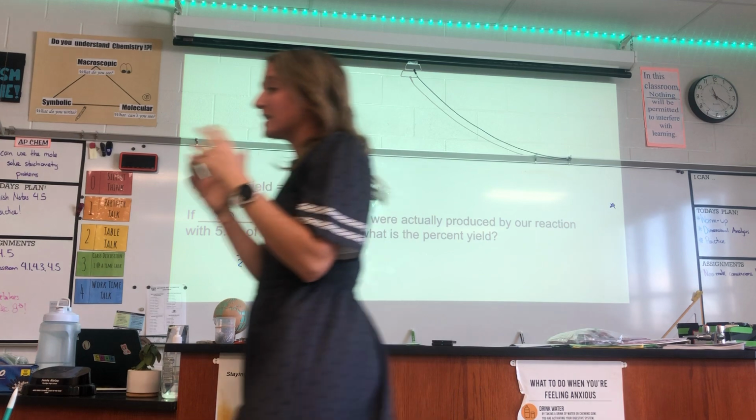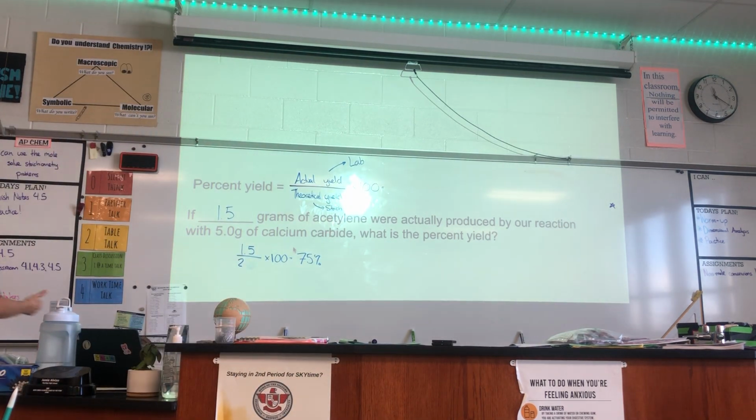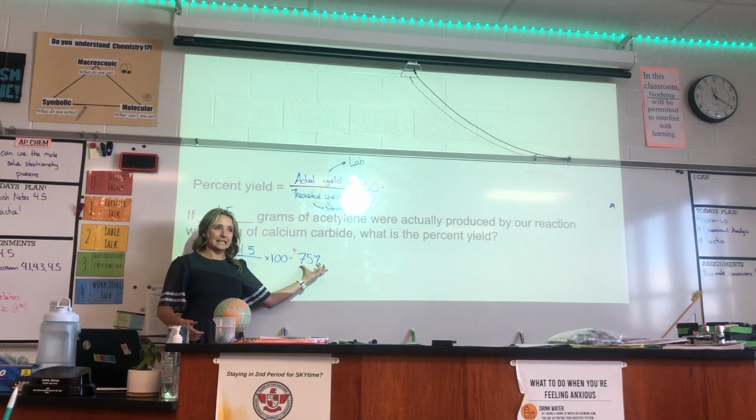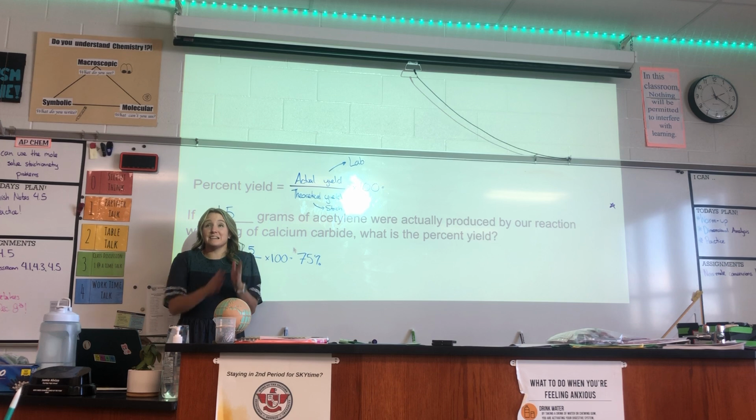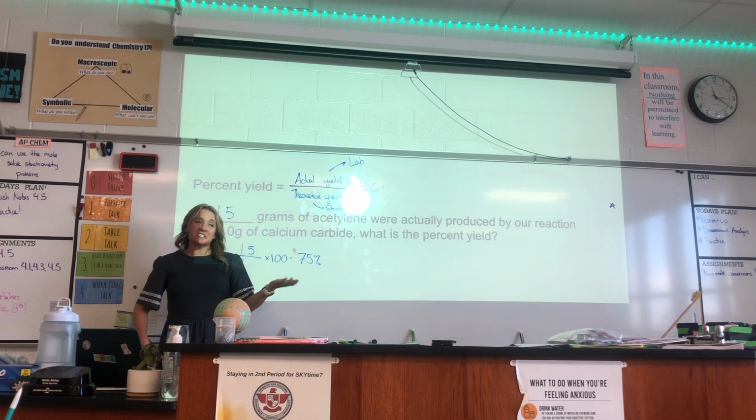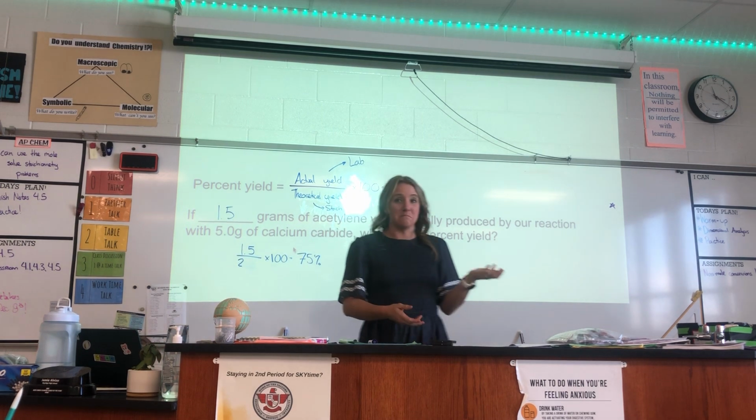This is such a big deal for pharmaceuticals because this is their money. If a pharmaceutical company is only getting a 10% yield, that's a lot of money being wasted. You put all this in and you're only getting this much out. Some reactions are really hard, they can be 20-step processes, and it can be very difficult to get a high percent yield, which is why some drugs cost a lot of money.